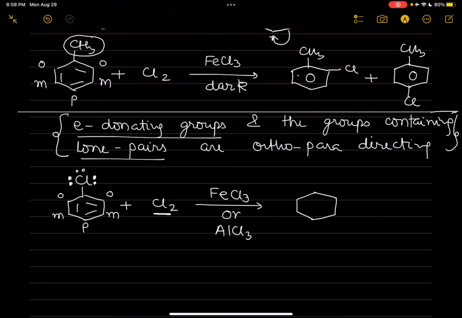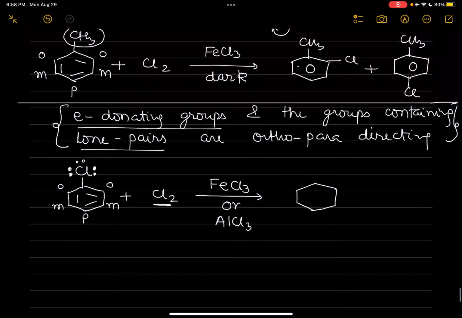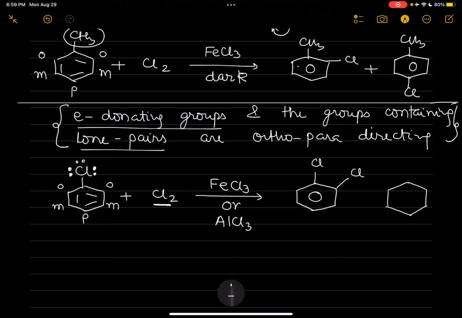So Anushka, what should I write here? It will be attached to the ortho para positions. Yeah, so this is 1,2-dichlorobenzene. This is the IUPAC name. And you can write the benzene by putting a circle also or by putting double, single, double bonds.